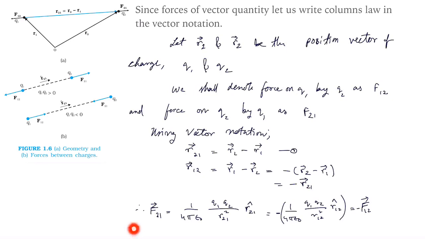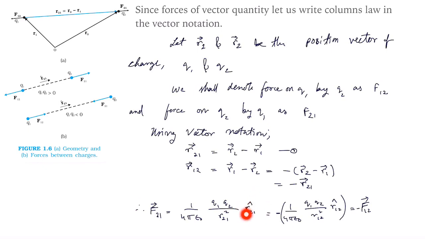Now using Coulomb's law, the force on charge Q2 due to charge Q1 is F21, which gives the expression 1 by 4 pi epsilon naught Q1 Q2 by R21 square. This is the magnitude, and here R21 cap is the unit vector, which gives the direction.